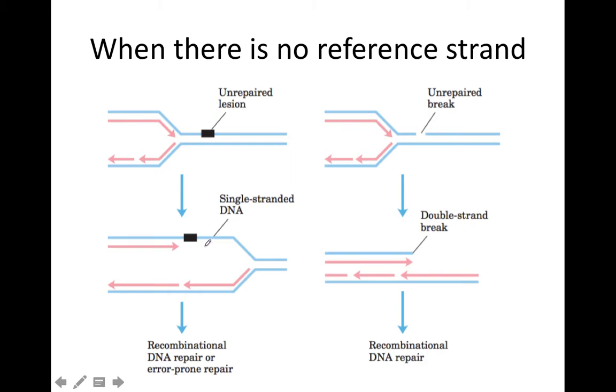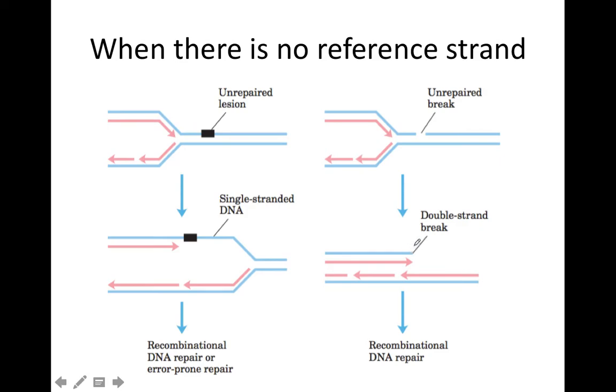In bacteria, for example, they can either go for recombinational DNA repair or for error-prone repair, which will be discussed more in the next slide. On the other hand, if you have an unrepaired break here, for example, if you try to replicate that part, because this was a break, the complementary strand wouldn't know how to push forward as it has no reference strand anymore.